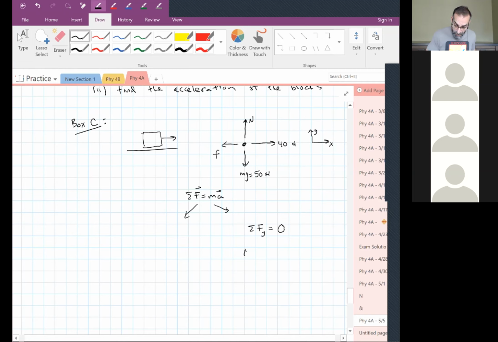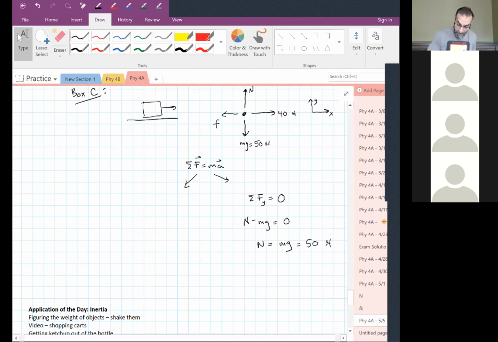So I've got normal force minus mg is 0. The normal force just equals the weight of the object. In this case, 50 Newtons. Now I know the normal force, I can find my maximum static friction force.